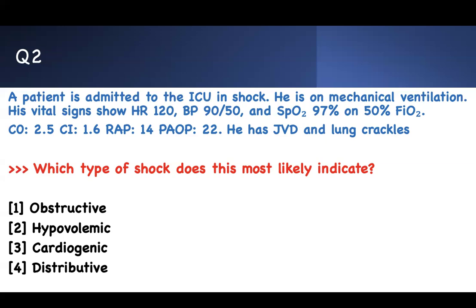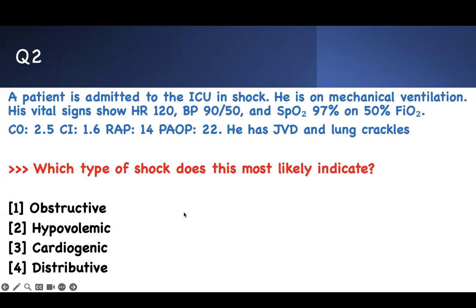There will be less fluid, but you're not going to have wedge pressure and right heart pressure high in distributive shock. Obstructive, yes, there can be some form of that, usually cardiac tamponade or something like that, but there's nothing in the question that gives us the presence of lung problems, so rule out obstructive. And it cannot be hypovolemic because you're not going to have JVD. So this is all cardiogenic shock.